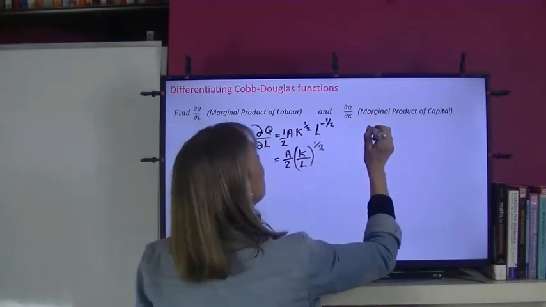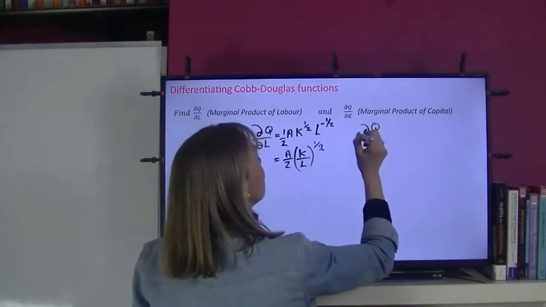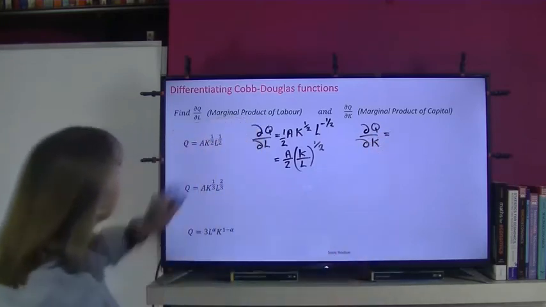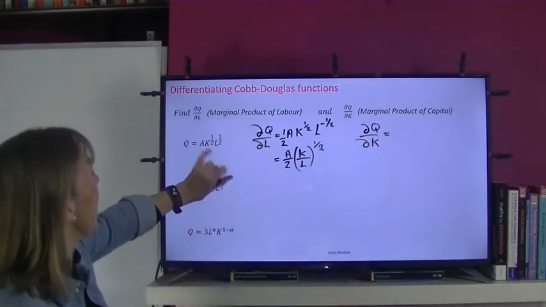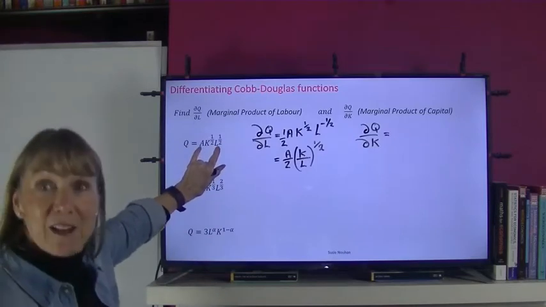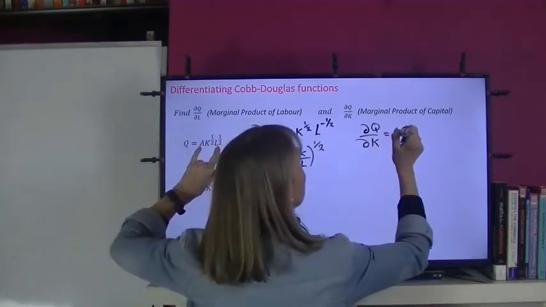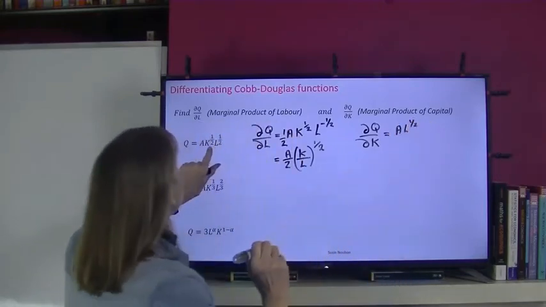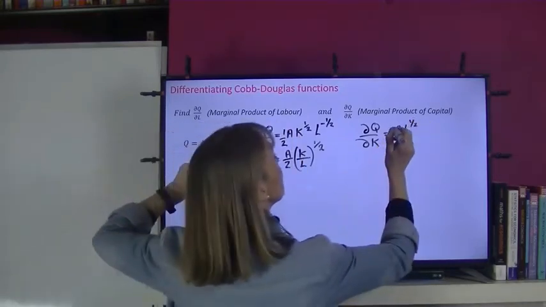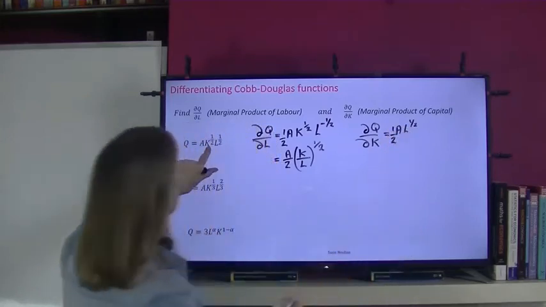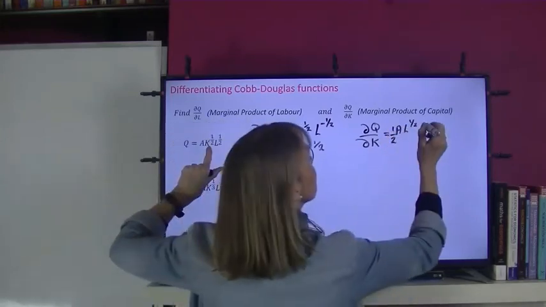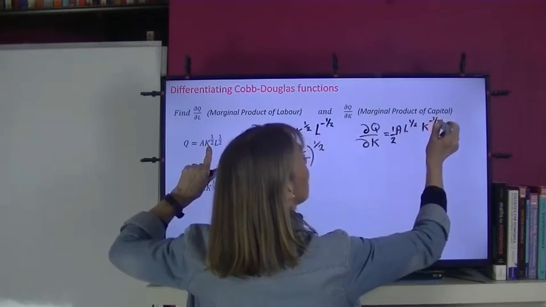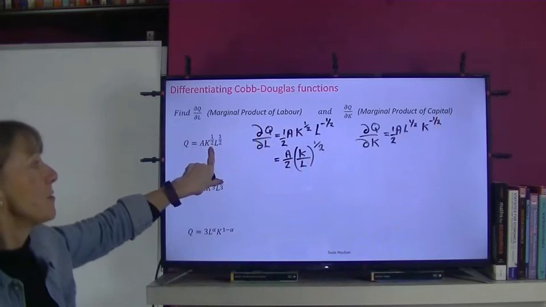Let's get dQ/dK. This time I'm differentiating with respect to K, so I'm keeping the A and the L constant. So I'll put the L first. Right, and now I'm differentiating by K, so I have to multiply by the power of K and subtract 1 from the power, which is going to be minus a half.